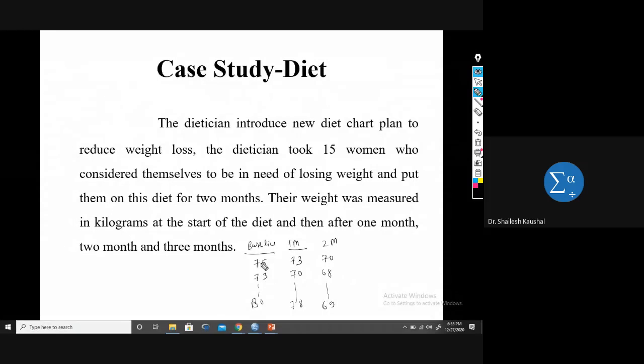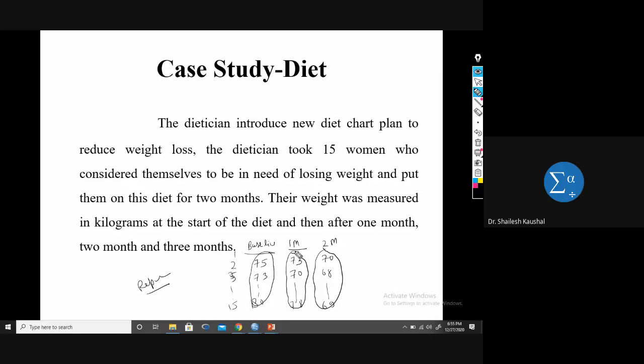So here there are 15 participants, and we are observing more than 2 times, repeatedly measuring the same women. This type of study relates to the repeated measures ANOVA.